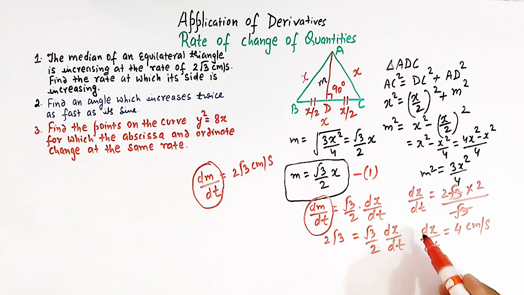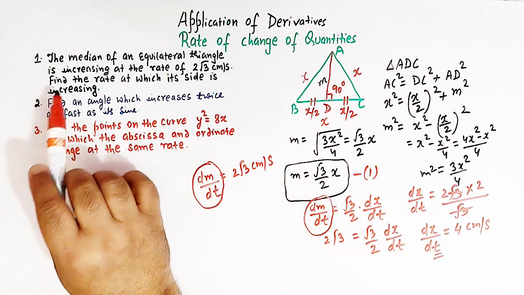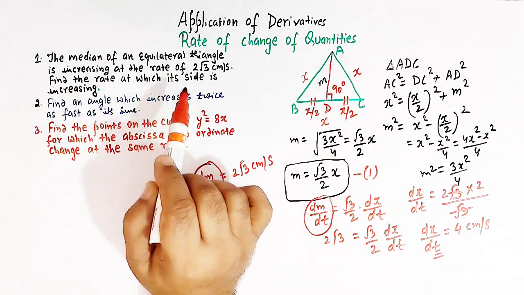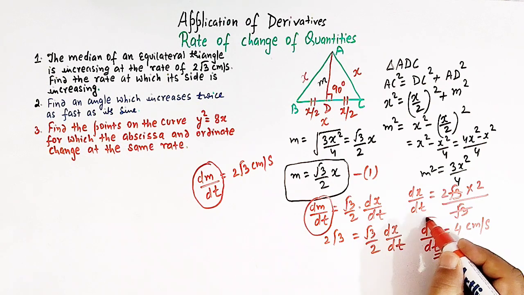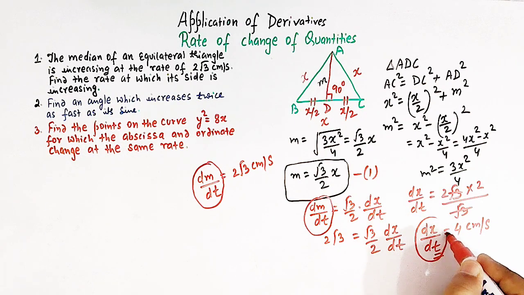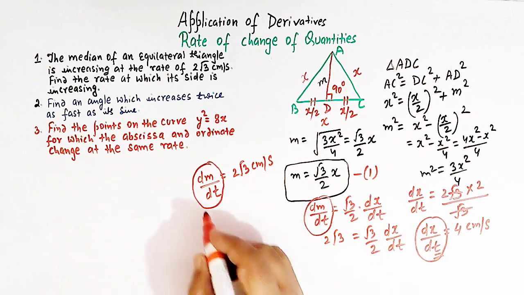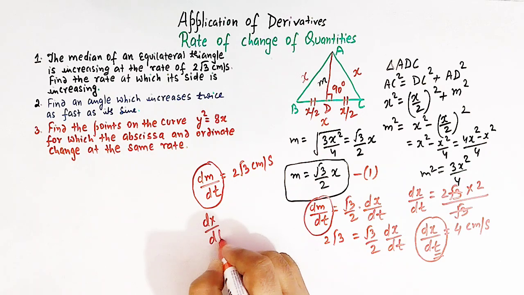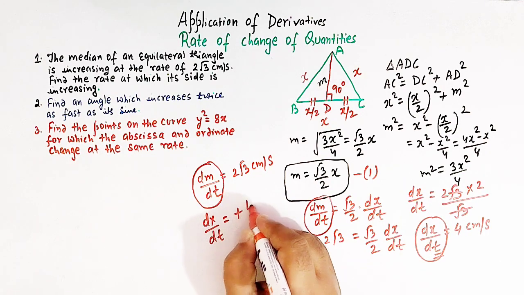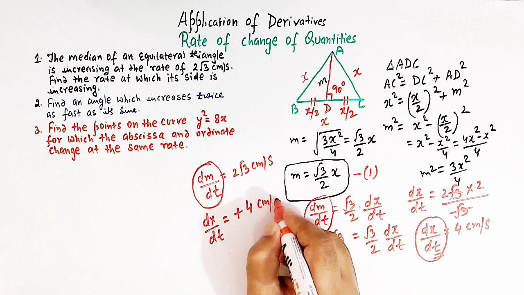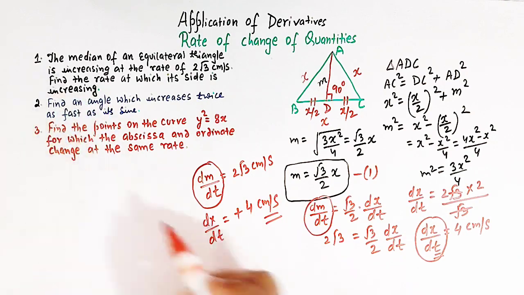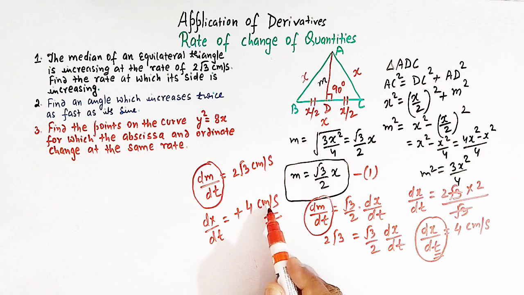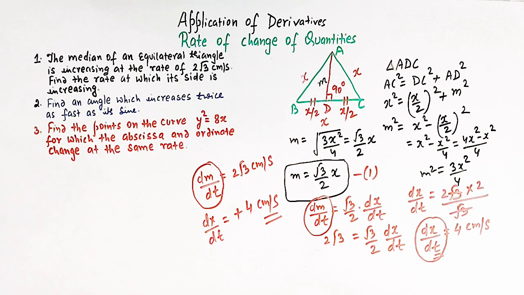And this is what we have to find out. So find the rate at which its side is increasing, right? So the rate of change of the length of the side of the equilateral triangle is dx over dt, and dx over dt is positive 4 centimeter per second, right? So the side is increasing with the rate 4 centimeters per second.